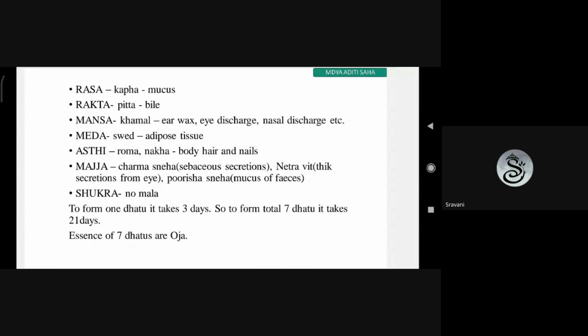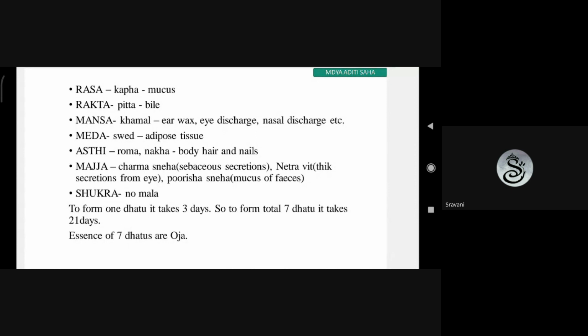Now, from meda to asthi, the waste product is sweda or adipose tissue. And from asthi to majja, the essence of asthi is majja, and the byproduct or waste product is roma, nakha, body hair and nails.